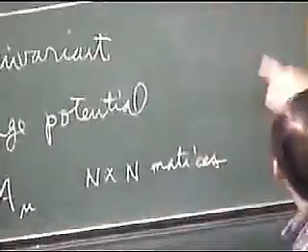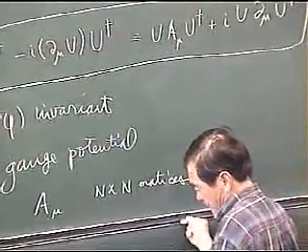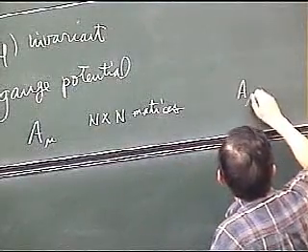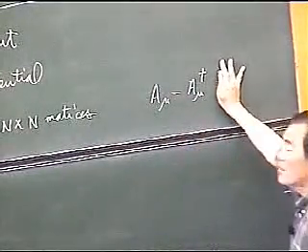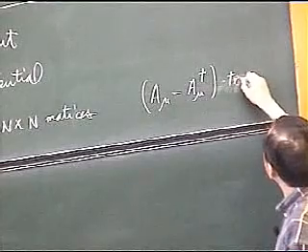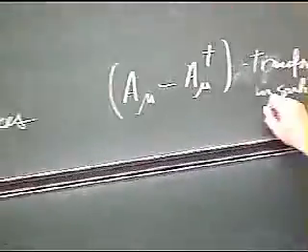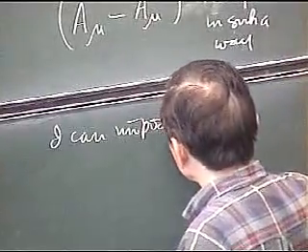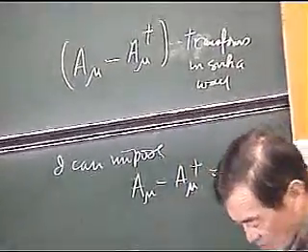They're n by n matrices because U and U dagger are n by n matrices. So if you multiply them out, they're obviously n by n matrices. And you can also show that the condition, if I look at this object, A mu minus A mu dagger, this transforms in such a way that I can impose A mu minus A mu dagger equal to 0, which means that A mu is Hermitian.